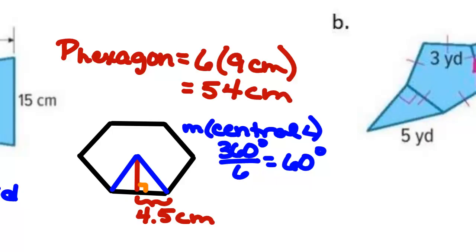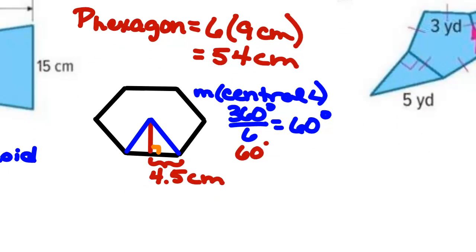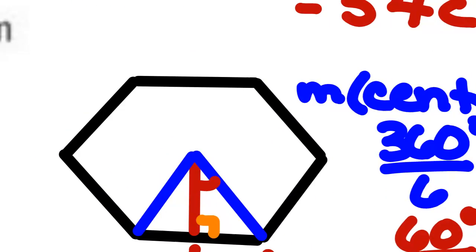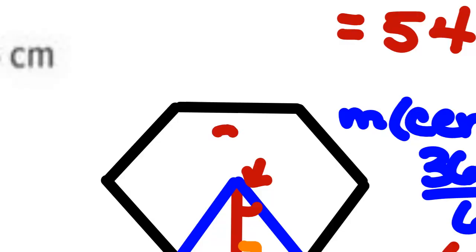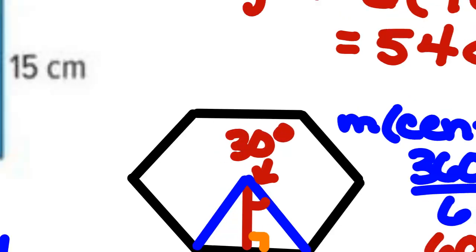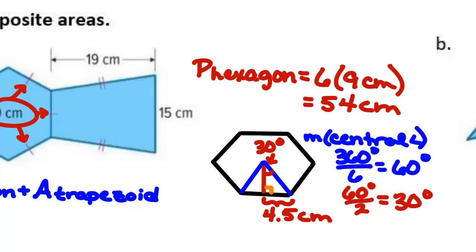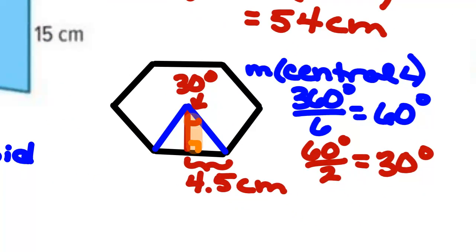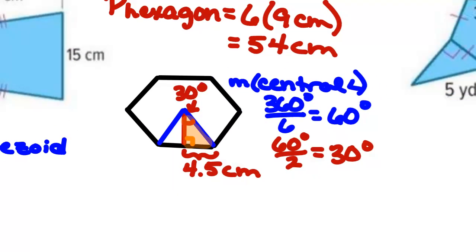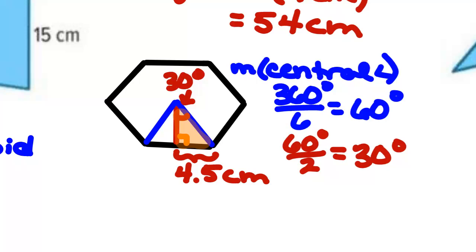And then we're going to take that 60 and cut that in half. So 30 degrees. This angle right here is 30 degrees. I'm looking at this little triangle here. We want to find the apothem, which is this piece right here.